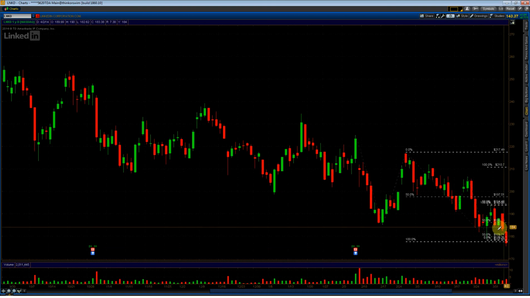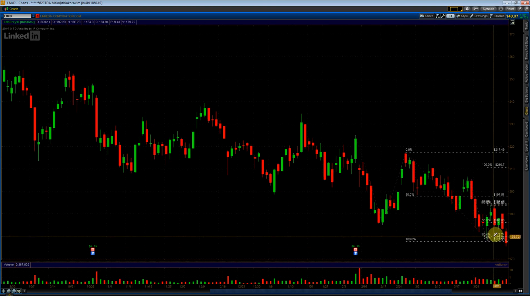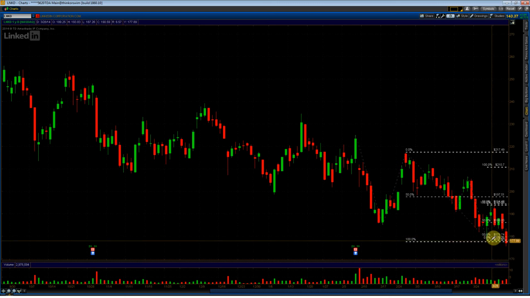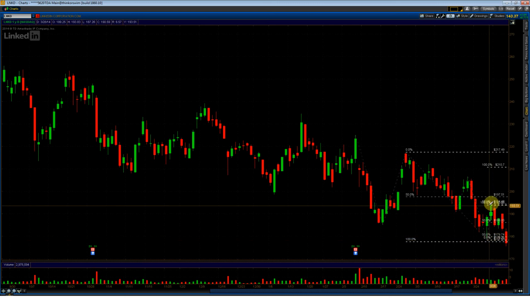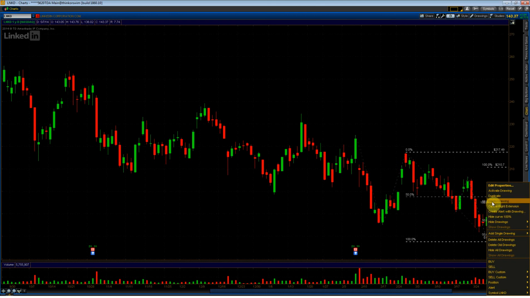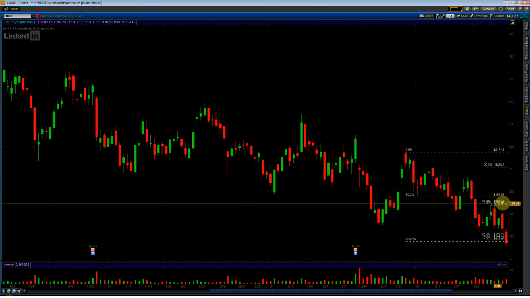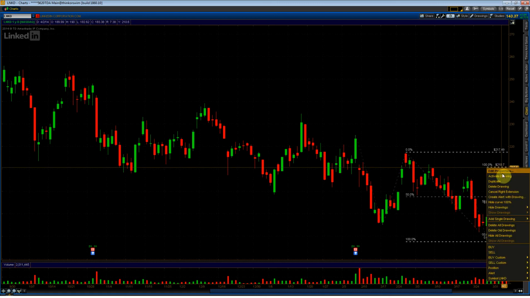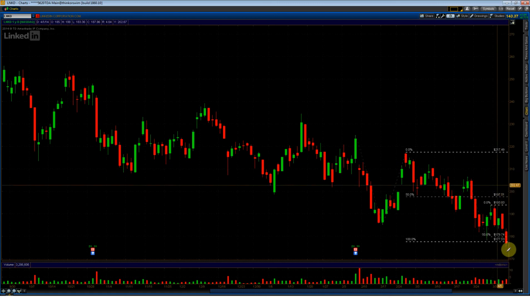And here we come and we go through 50% line number one, this zero line down here, which gave us the 100% target. That's gone. And the zero line here was just breached, so it goes.